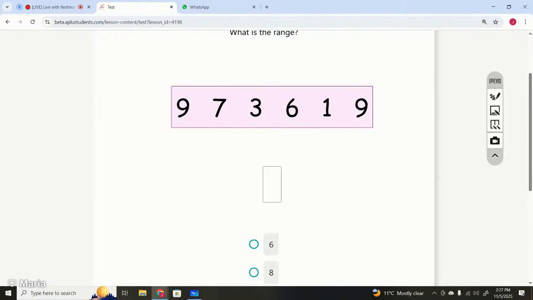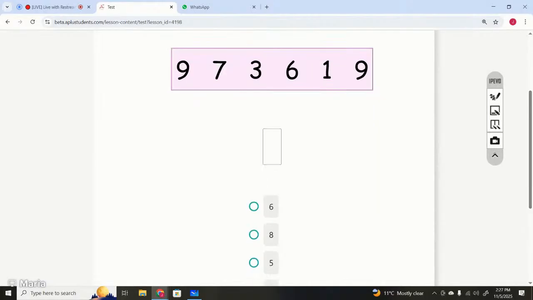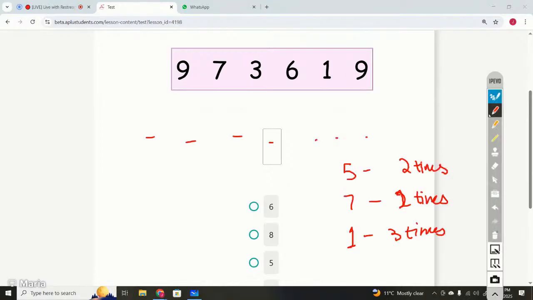What is the range? The range is the difference between the greatest and the smallest number in the given data. So the greatest number is 9.